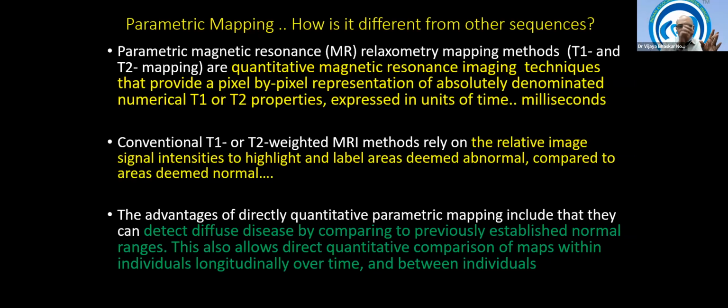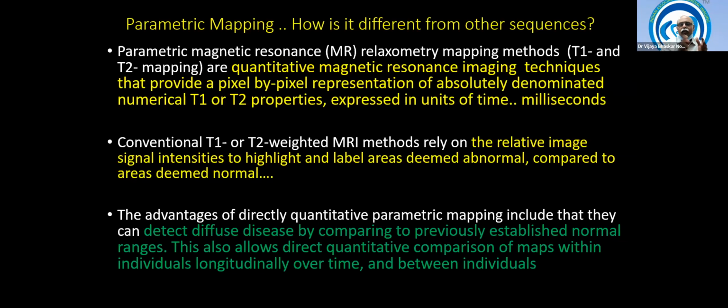That means a pixel contains a number, like 1000, 1020, 900, 950. That is the T1 relaxation value of that particular pixel of the myocardium. Those values are given as color maps.